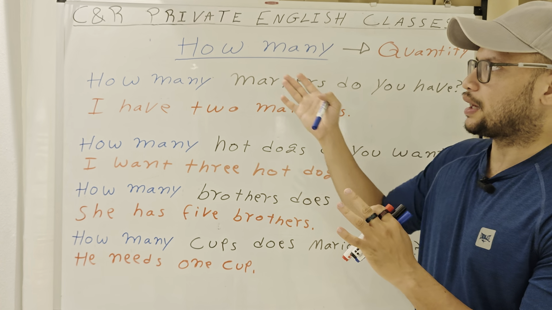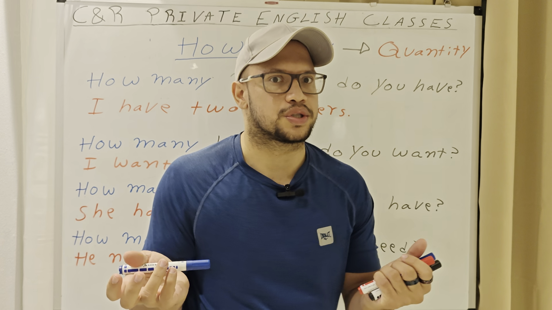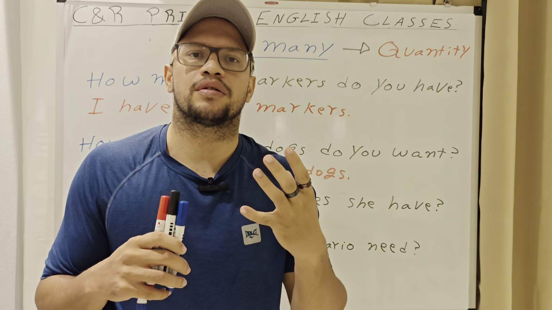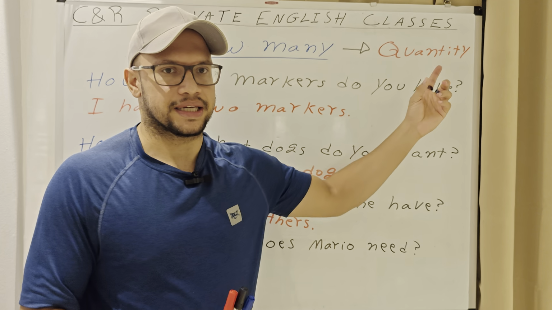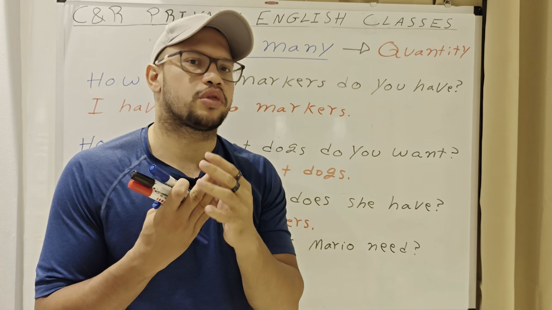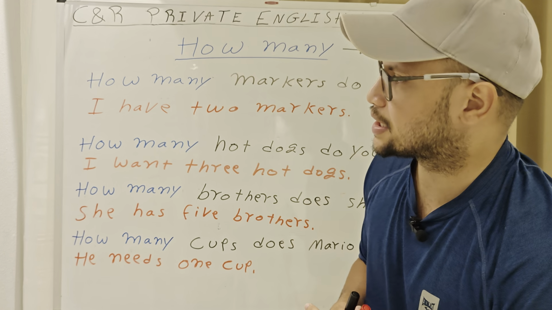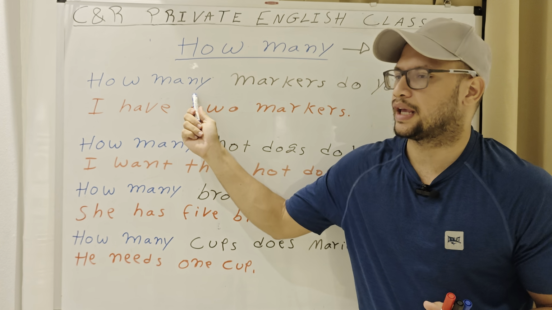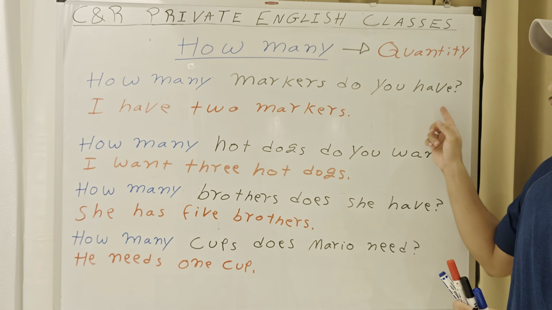This phrase, how many, we use it to make questions about quantity. When you want to know the quantity, numbers 1, 2, 3, 4, 5. Let's take a look at these examples. Here we have how many markers do you have?